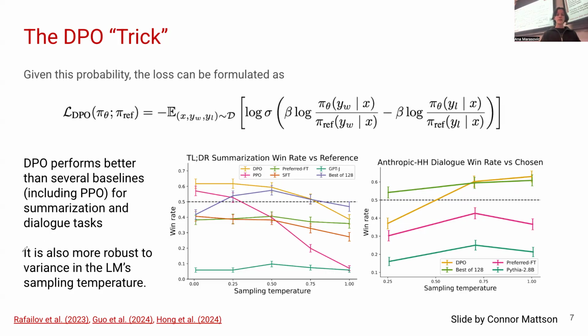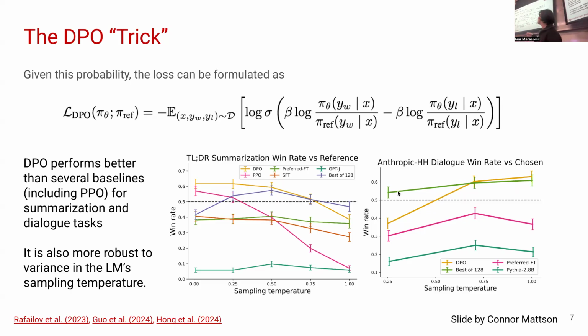Okay, so this is the equation we use to train and find the final weights in the final fine-tuning stage using DPO from the preference data. The nice thing about when DPO was released, you can see these graphs here. We have different sampling temperatures for when we choose which tokens to display.